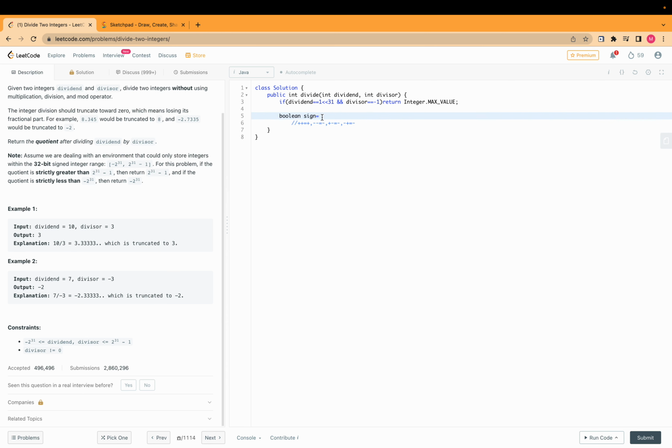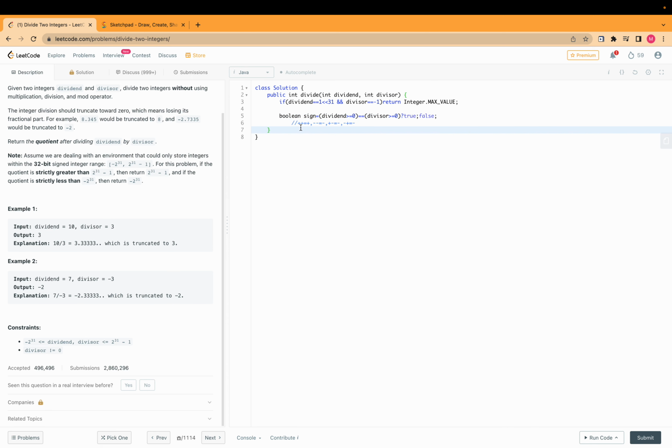So here we will assign: if our dividend is greater than or equal to 0, and that equals the divisor's sign, if they have the common or same sign, then this sign value will be true, otherwise it will be false.